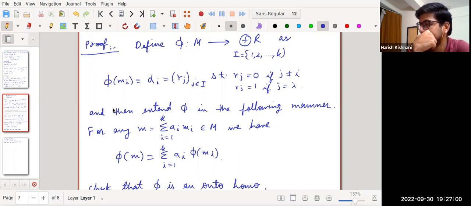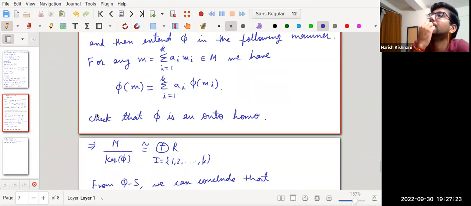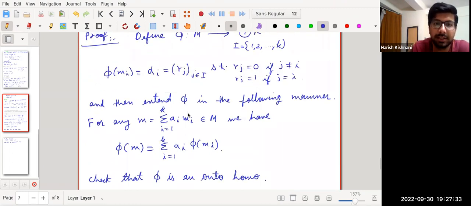You may have more than one representation for an element m because it's not a basis. So it will be a problem, because then you have more than one representation for a single element. So the problem is in the extension of this phi.